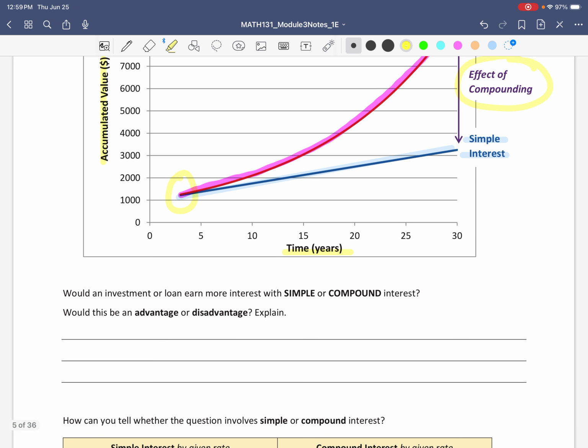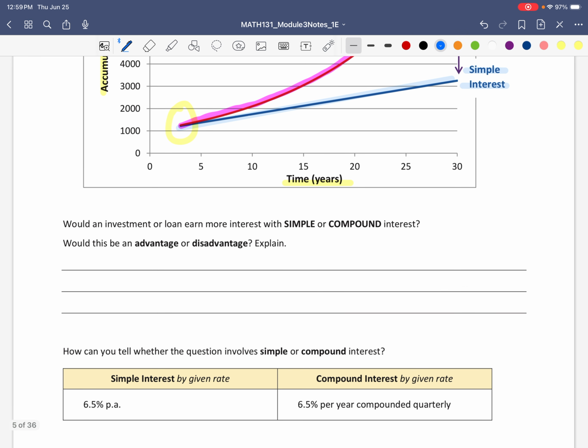So on that note, thinking about this particular question, would an investment or loan earn more interest with simple or compound interest? Well, it's going to be compound. Would this be an advantage or disadvantage, and explain? So if it was an investment, so if we were investing our money, then that would be an advantage because we're going to be making more money as we leave it in, whatever situation is gaining that compound interest.